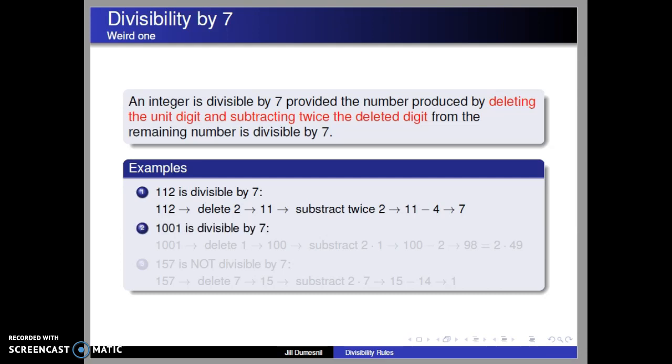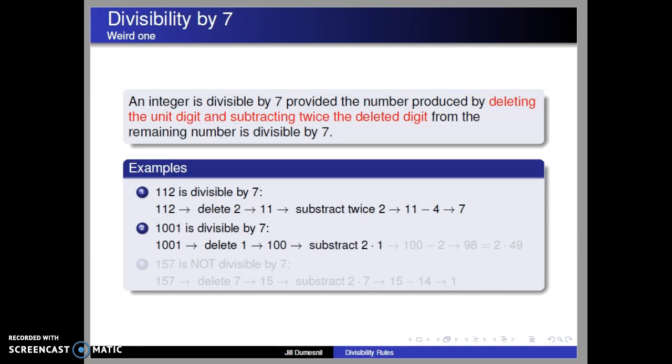For a second example, let's consider 1001. 1001 is divisible by 7. Let's apply the rule to verify. Start with 1001. Delete 1 to produce 100.